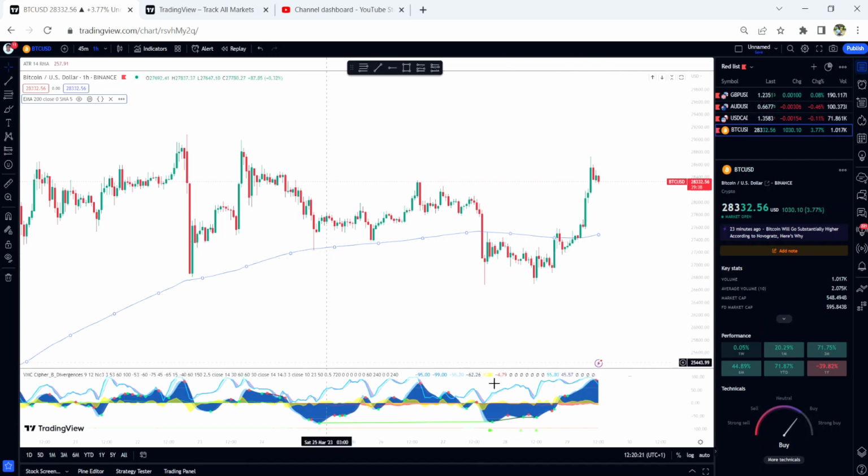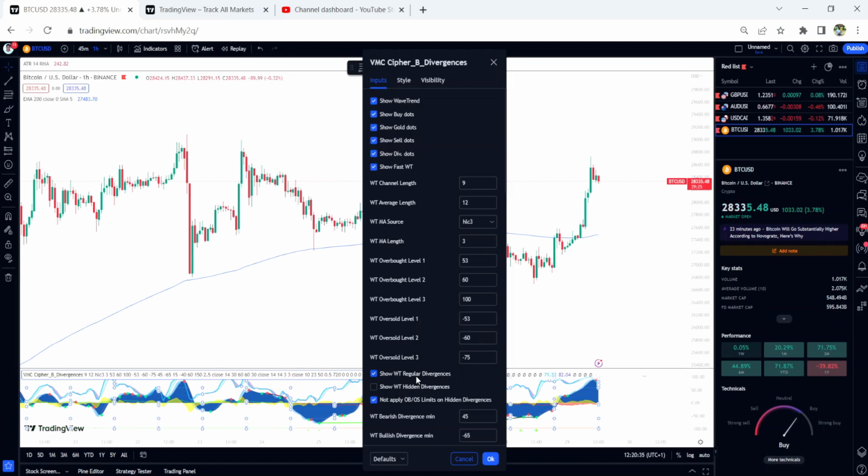So let's quickly go ahead and configure the Wu Manchu Cipher B plus divergence. Then click on settings. Once you click on settings, we only need a few things in this indicator, because this indicator, if you check it now, is kind of complex.